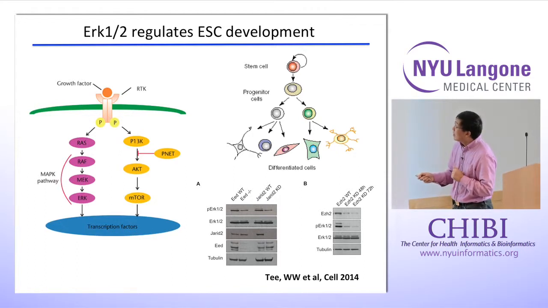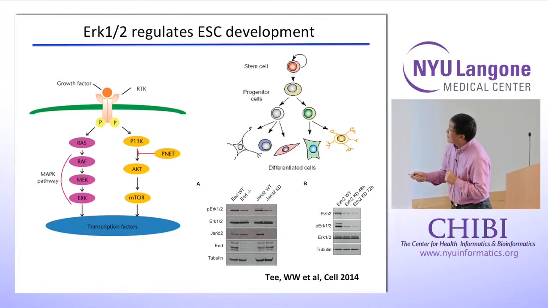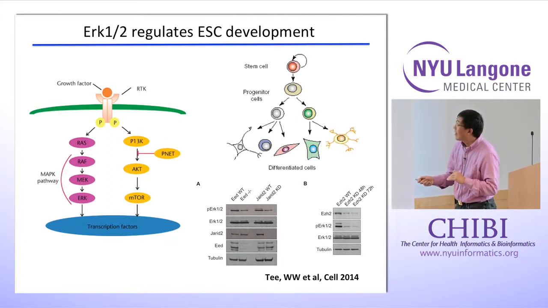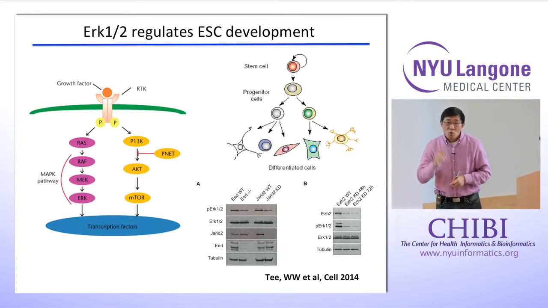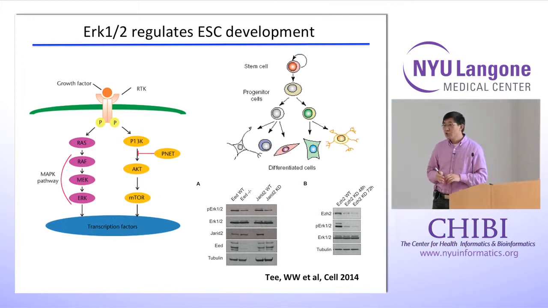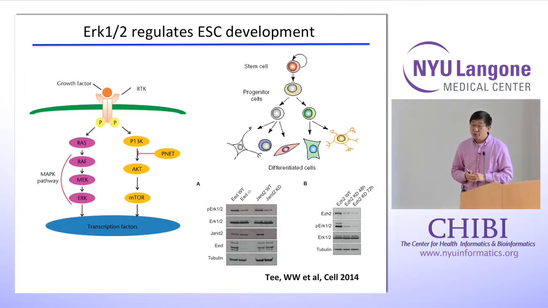Okay. In the knockout status, you can see phosphorylated ERK becomes much weaker, and unphosphorylated doesn't change for both Jarid2 and EZH2. The question is, we know very well about Jarid2 and EZH2.